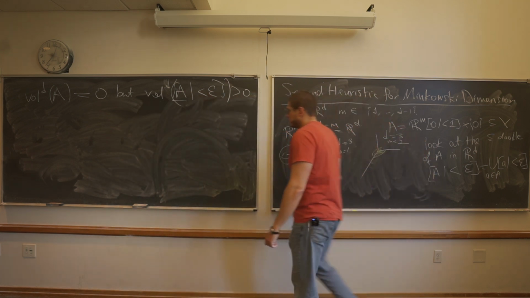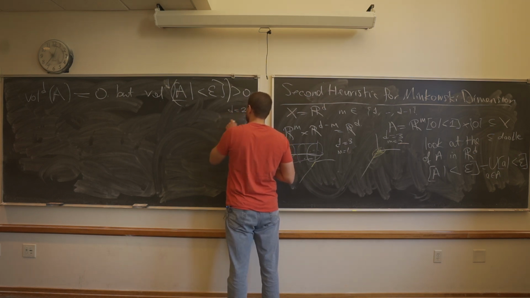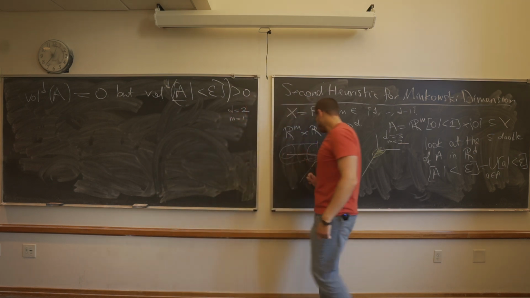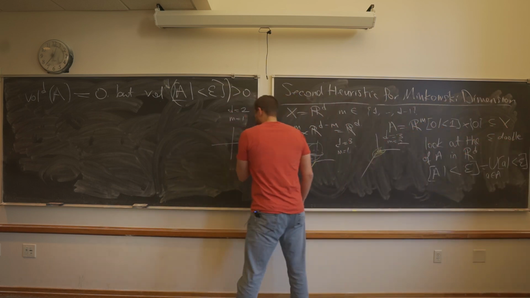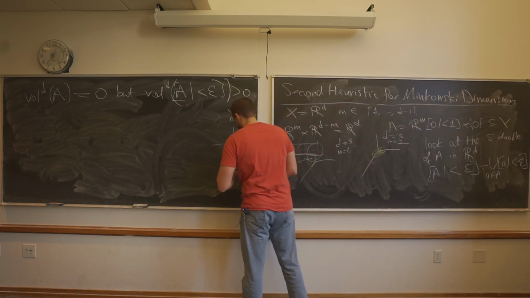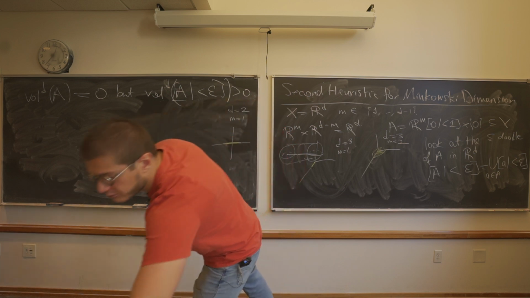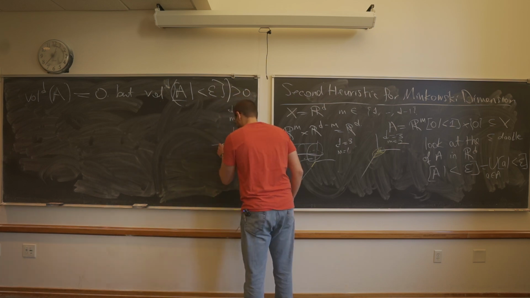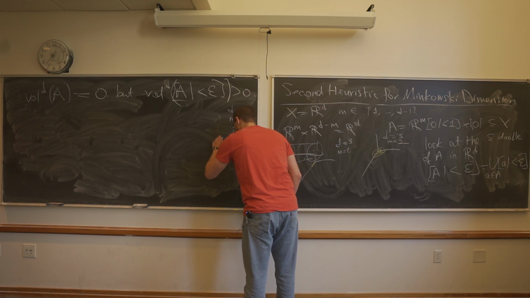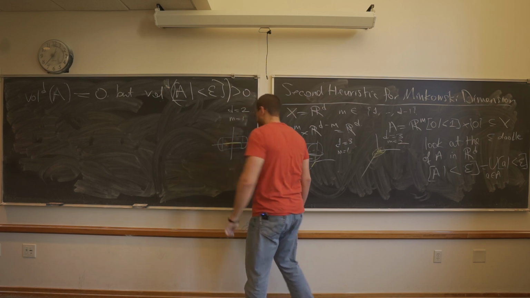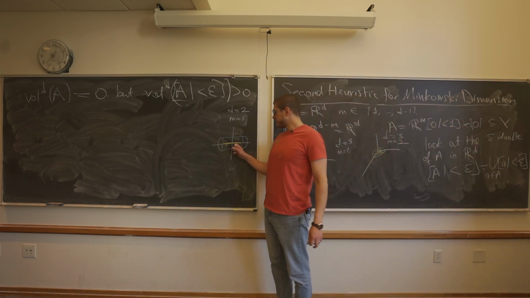So let's think about this. Let's consider the case D equals 2 and M equals 1, basically this situation but in one dimension less. Here's my A, and when I take the doodle of it, I get this thing. So what is the volume of this?